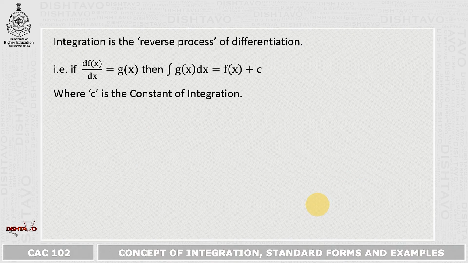Integration is the reverse process of differentiation. Now this is the second part, where we can also say that integration is the reverse process of differentiation or taking the derivative.